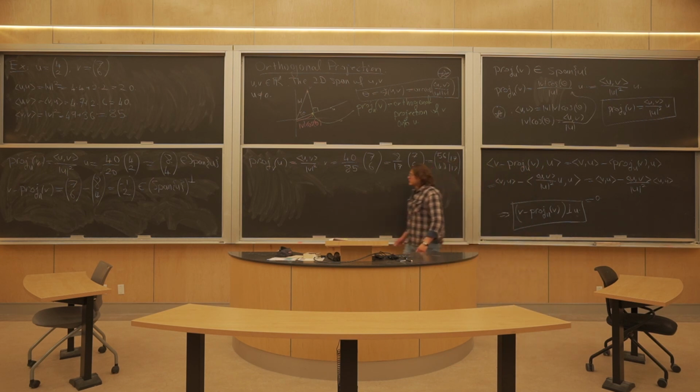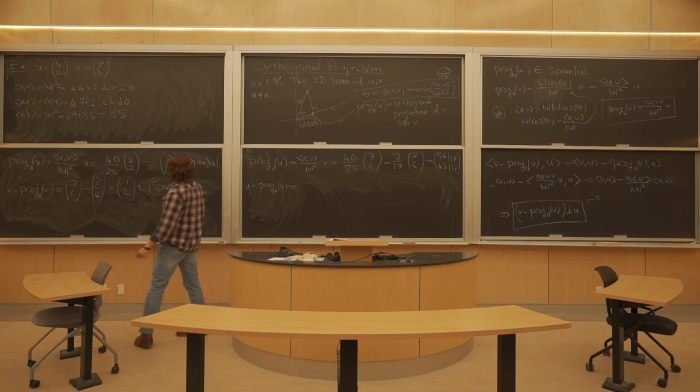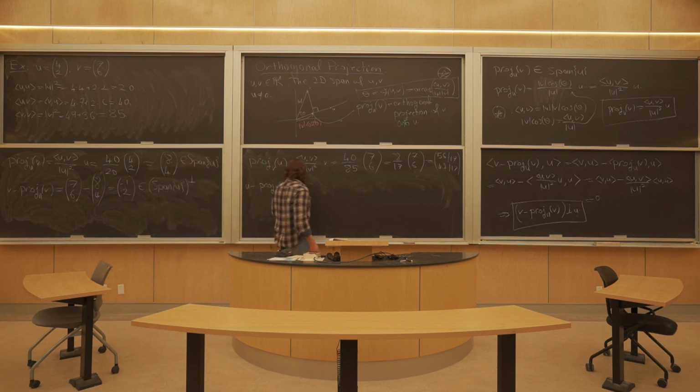Okay. And then let's look at the remainder. U minus proj sub V of U. Now this is going to be 4, 2 minus that vector. So let me take this 1 over 17 outside. That's a constant.